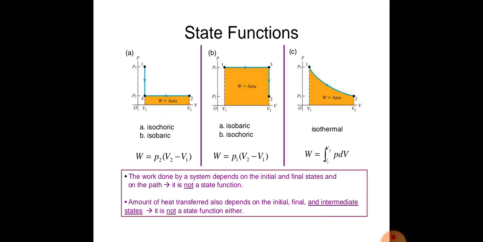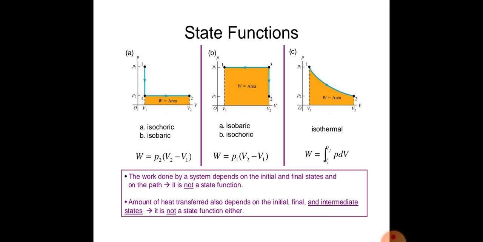So in the graph, the work done within the volume range V1 to V2, at that time the pressure is constant. And if we consider that the process is isochoric, then the values vary with respect to pressure from the range P1 to P2.